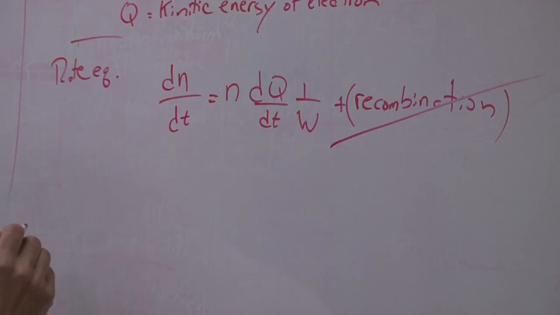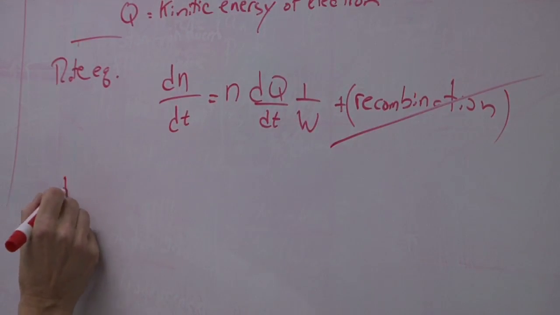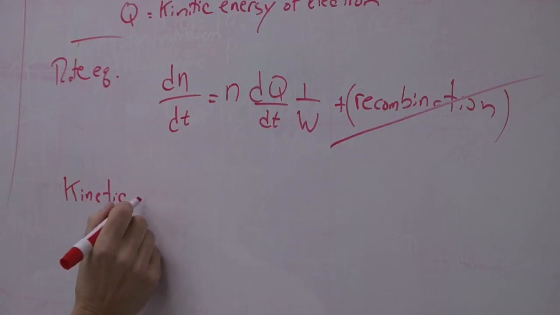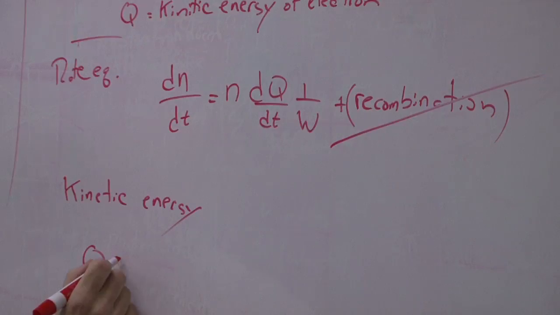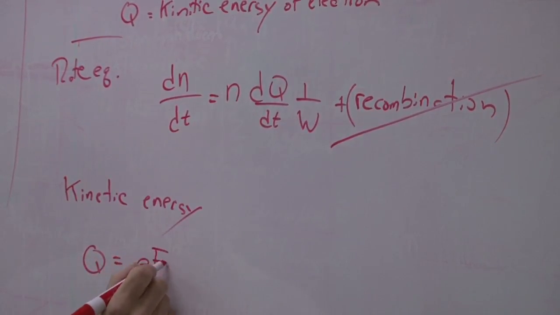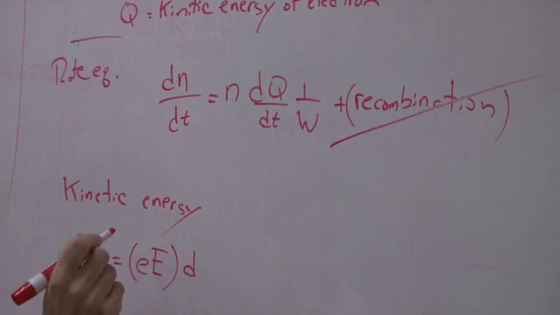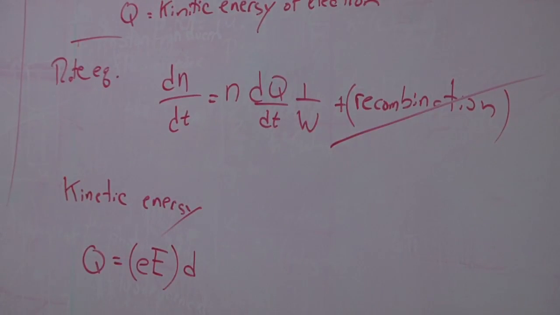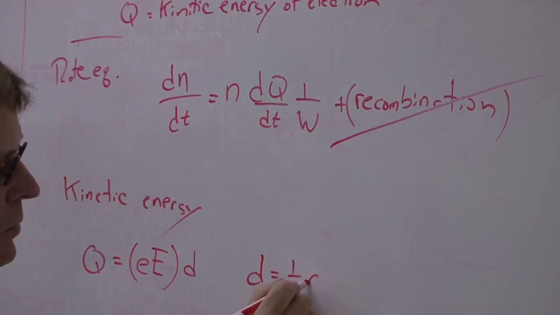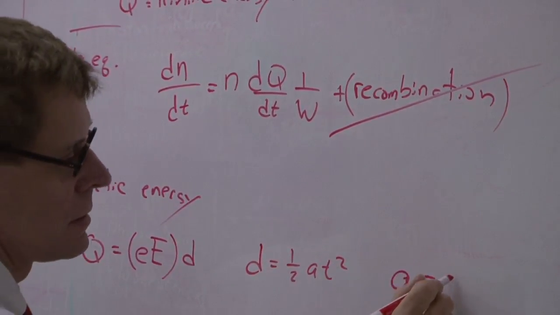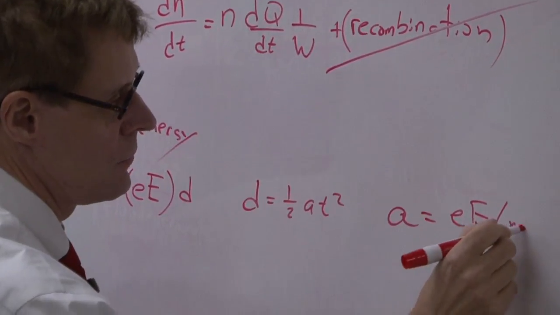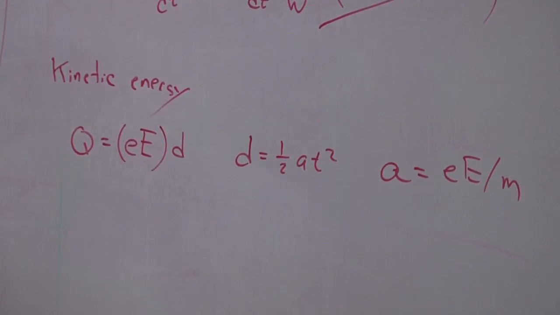So how do we determine the kinetic energy of the electron? Well, this kinetic energy is going to be equal to the force on the electron times the distance through which the force acts. And this distance is 1/2 a t squared, and the acceleration will be E over m.